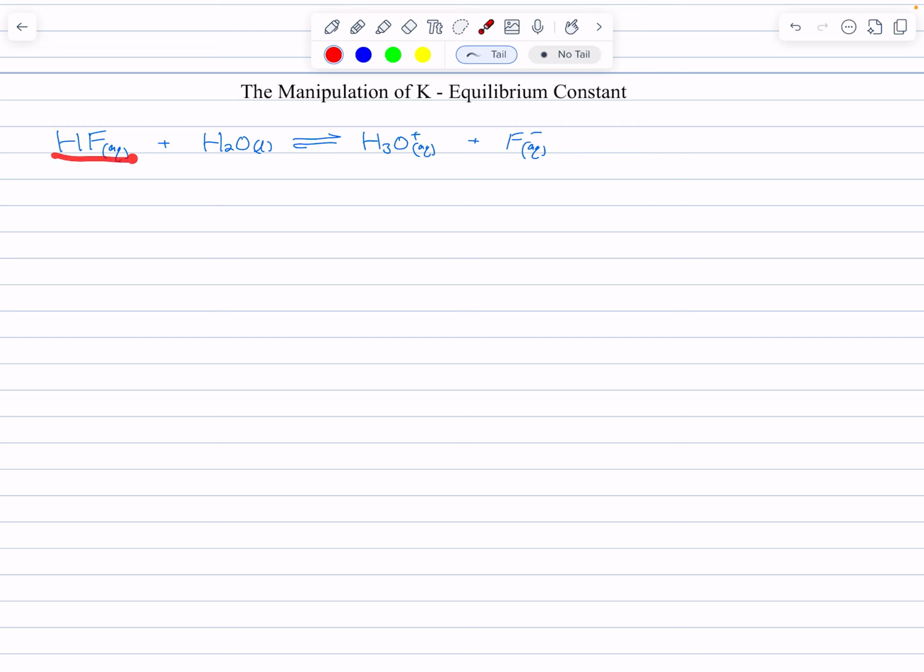Hydrofluoric acid is an acid, a Brønsted-Lowry acid, so this H is going to donate here. And so that's our products and reactants.